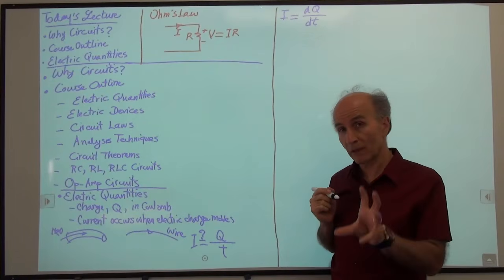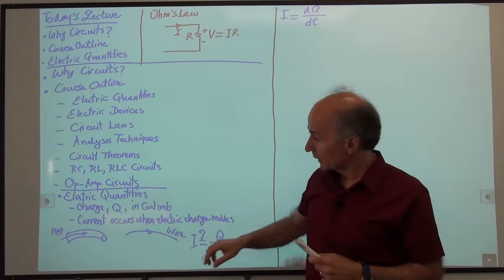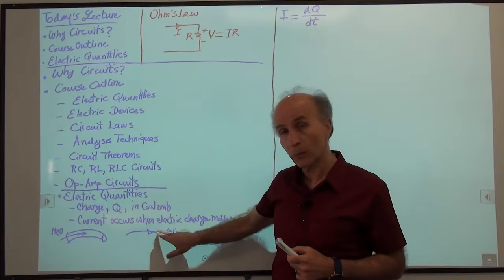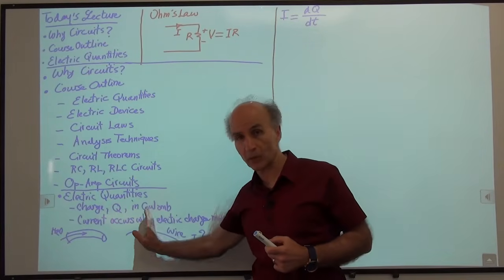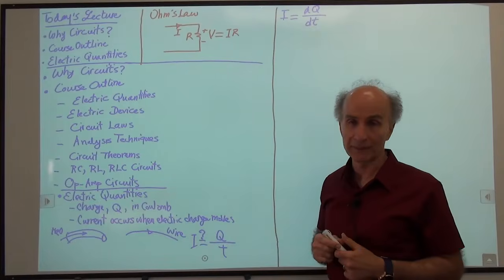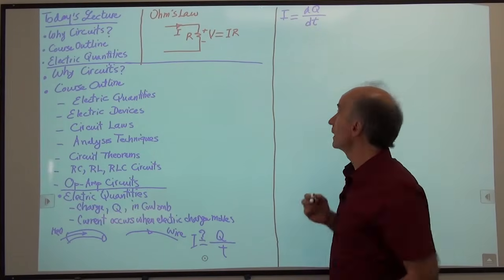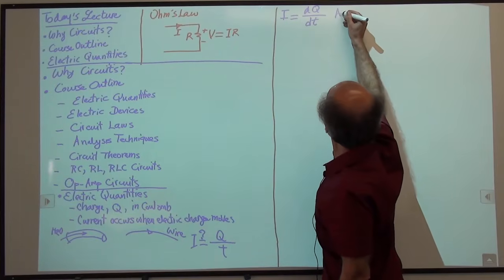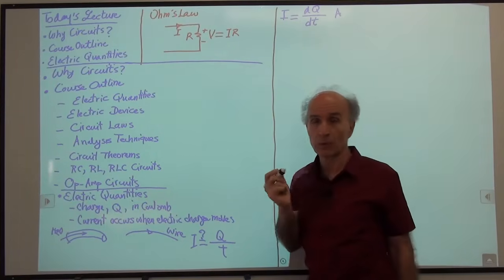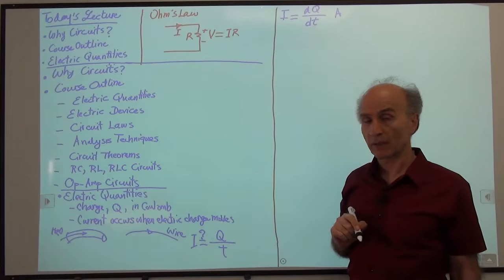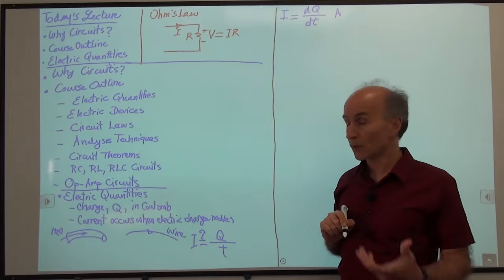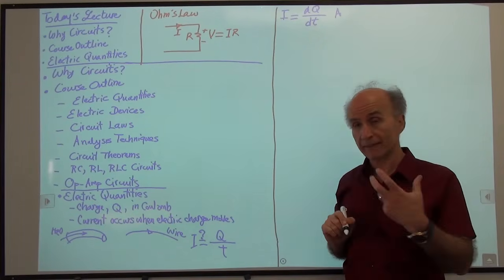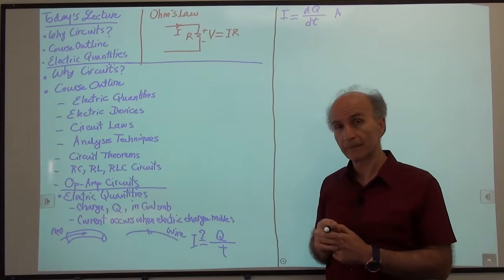So the official definition of current is to find the rate at which the charge passes through this wire, so dq over dt. The unit of current is amperes, so we denote it by capital A, and that's what we use to measure the current. All right, so that's the definition that we have, and that's the intuition that we have behind it.